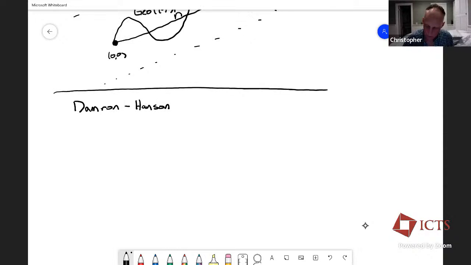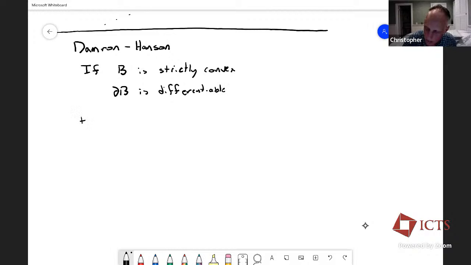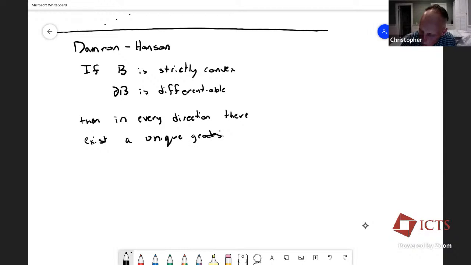And it says, so one way of saying it is if B is strictly convex, the boundary of B is differentiable, then in every direction there exists a unique geodesic almost surely.